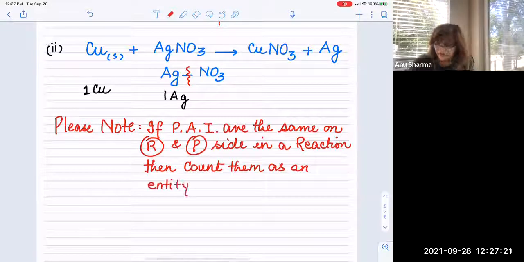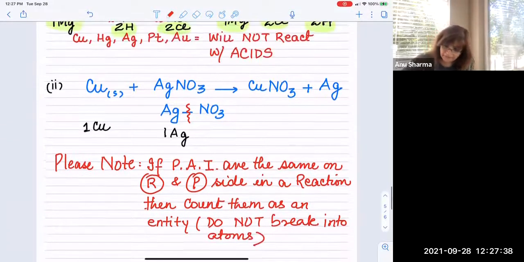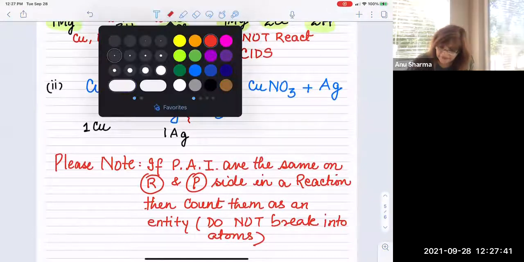Do not break them into atoms. If you want to, you can, but generally they're seen as one.